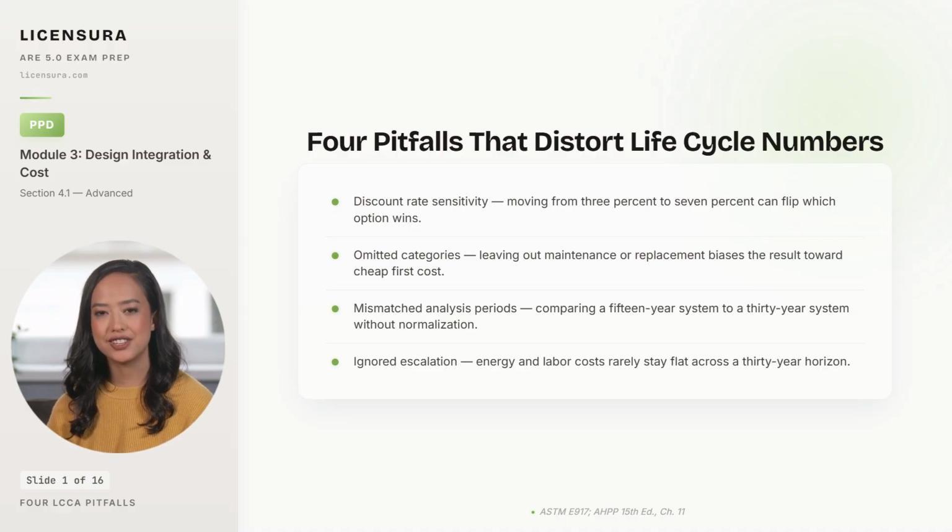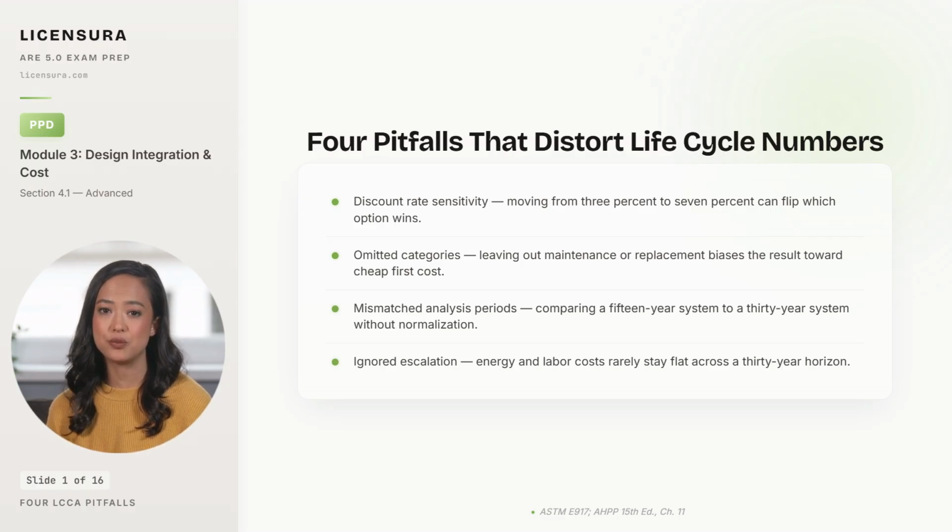Omitted categories is the second pitfall. Leaving out maintenance or replacement to keep the table simple biases the result toward whatever has low first cost, because cheap systems usually need more upkeep. Mismatched analysis periods is the third.